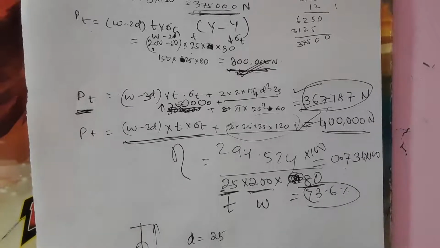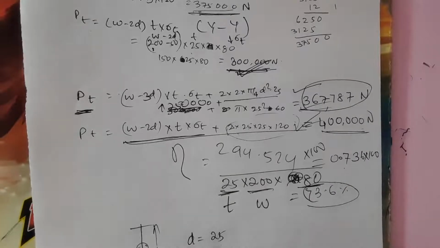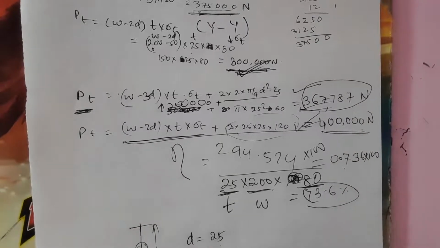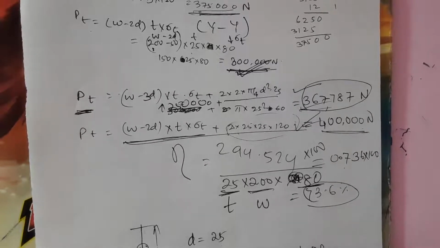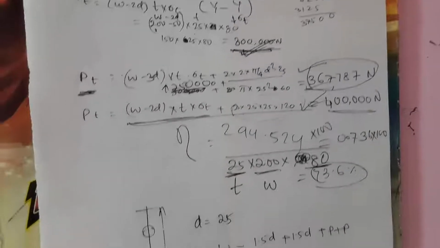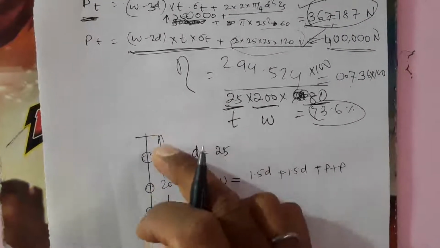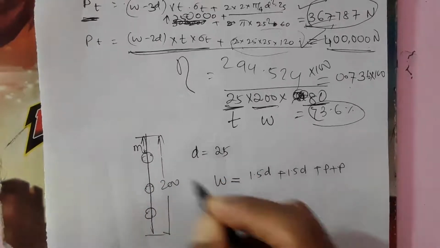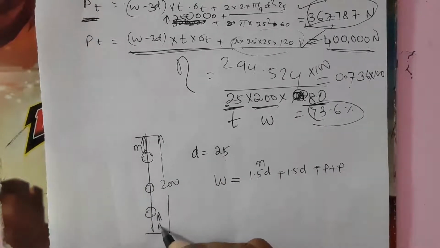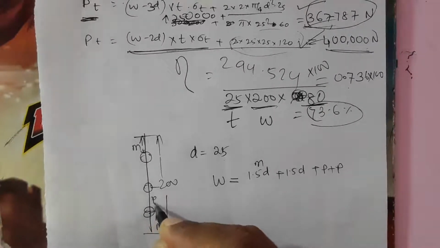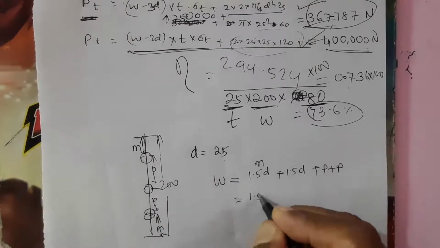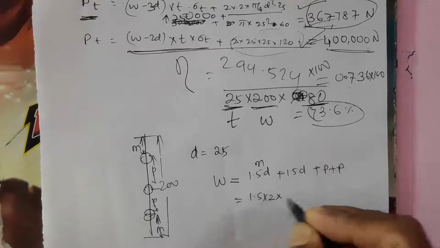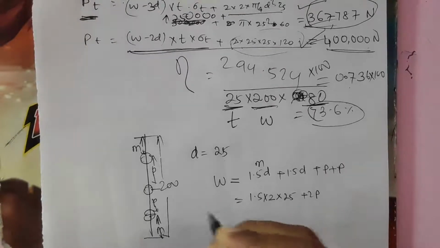So the width W is equal to 1.5D margin on this side plus the margin on the other side, and this is P, and this is also P. So that is equal to 1.5 into 2 into D, where D is 25, plus 2P, and this is equal to 200.